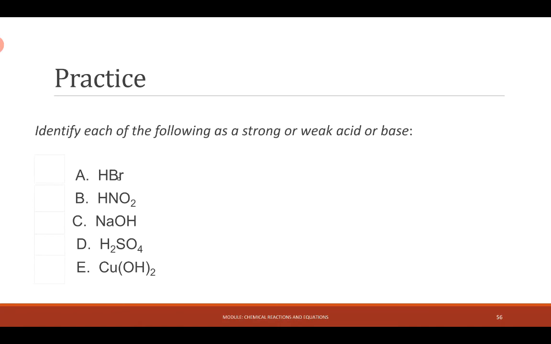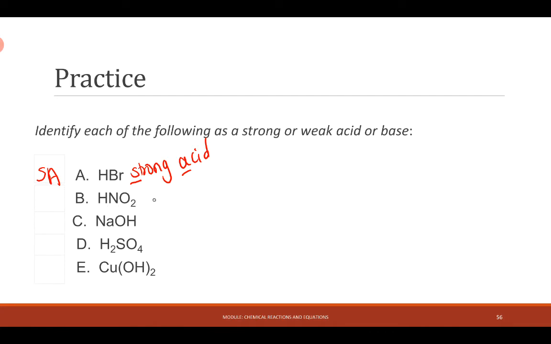Alright, so if we look on our green sheet, HBr is listed. That is a strong acid. Next up we have HNO2. HNO3 is on our strong acid list.